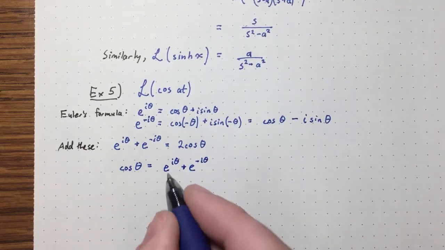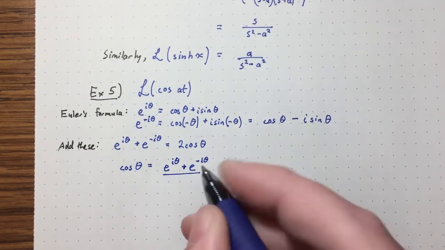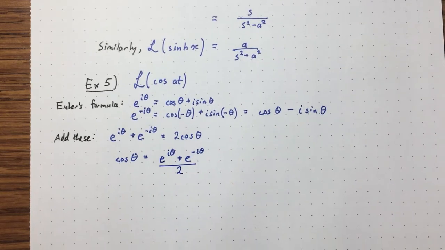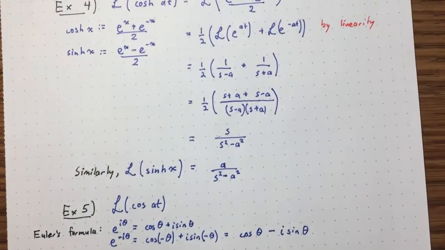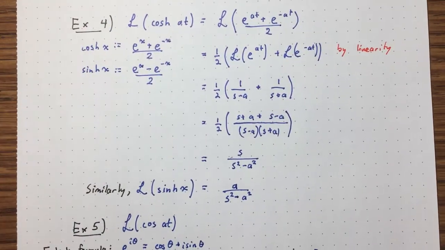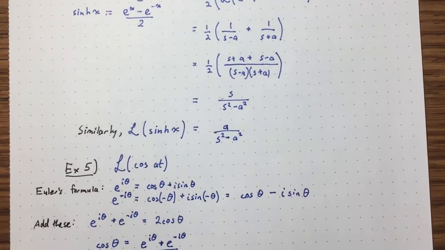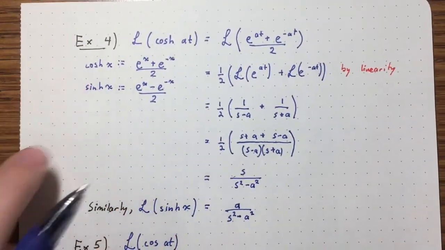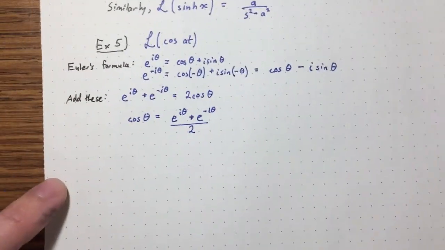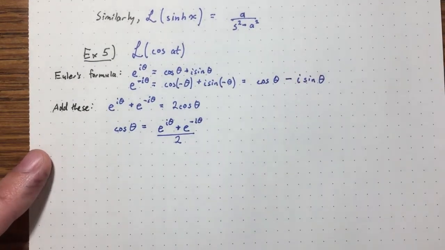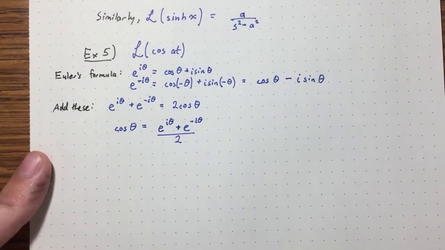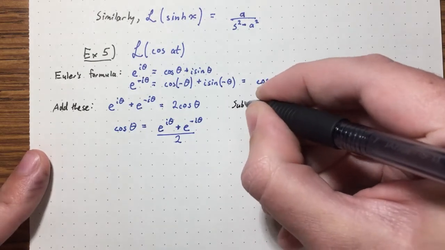Cosine of theta, where theta is a real number, I can express in terms of these complex functions. And look at how similar that formula looks to this one up here. So that gives you some idea of how cosine and the hyperbolic cosine are related. Well, I can get a similar formula for sine. Can you see how I would do that? Instead of adding them, I can subtract.